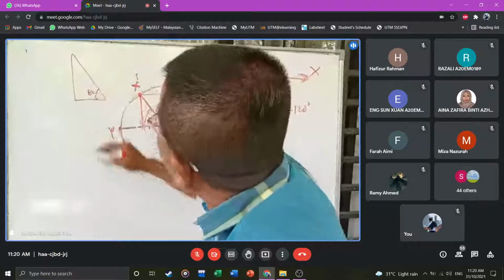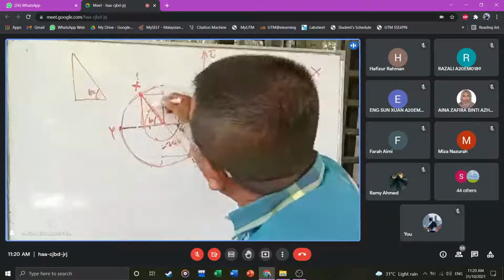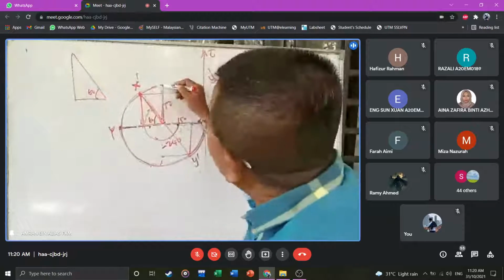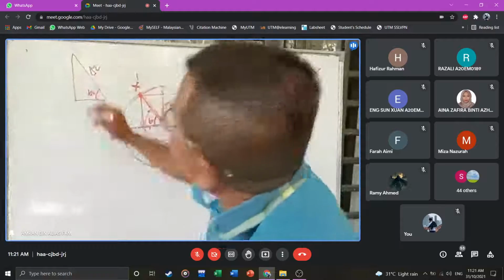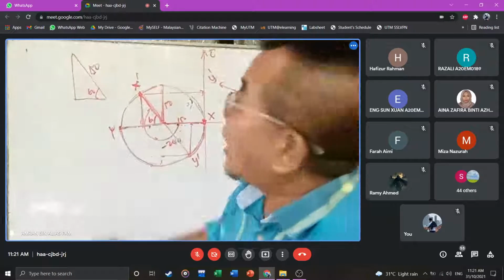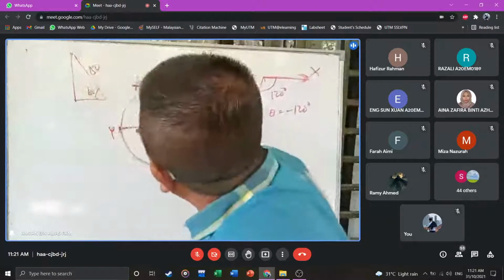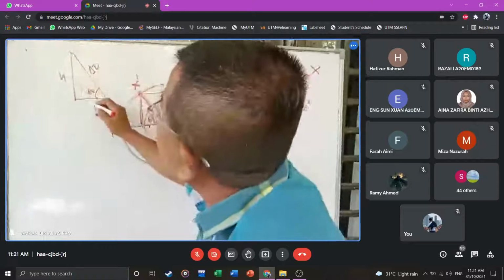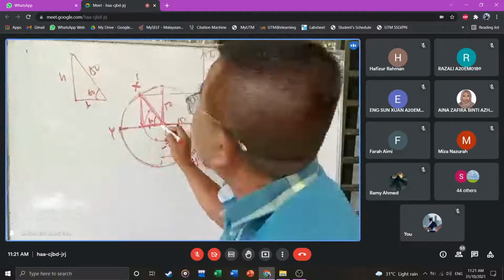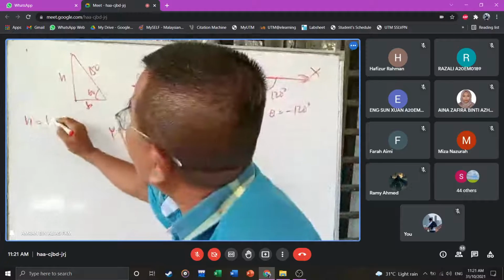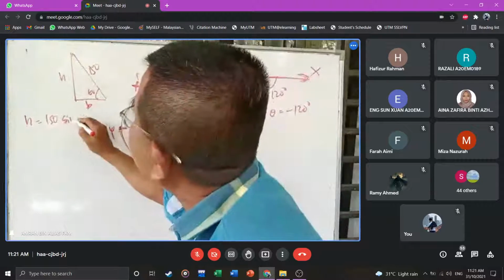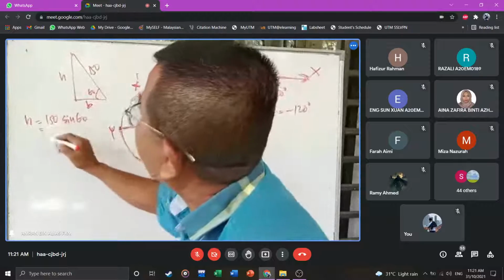This is 60 degrees. That length is your radius, that one, radius. That is 150. And I have to know the height here. What is the height here? Height, and the base there. The base here. So what is my H there? 150 sine 60. What is the value there?